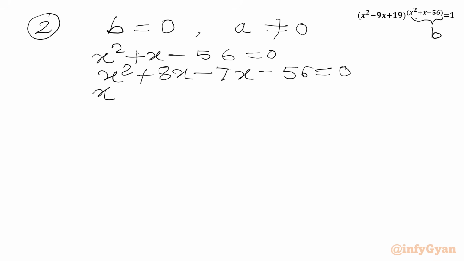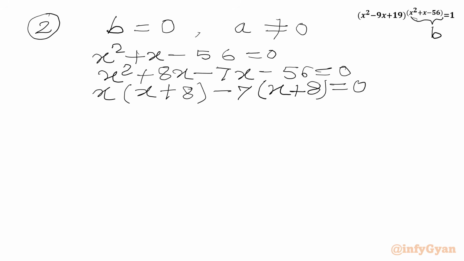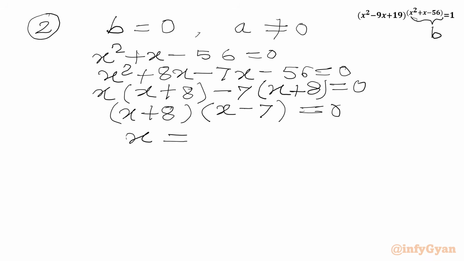Now from first two terms x is common, we will write x plus 8 in the bracket. From last two terms we can take minus 7 common out, so we will get x plus 8 in the bracket equal to 0. Now x plus 8 is overall common. Then in other bracket we will be writing x minus 7 equal to 0.